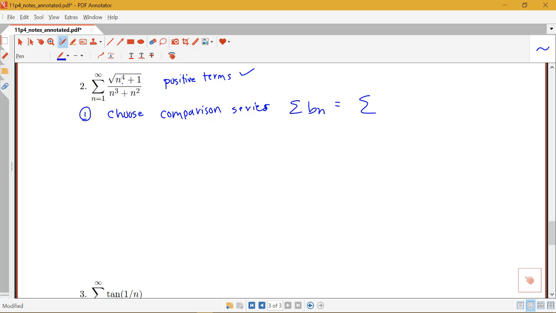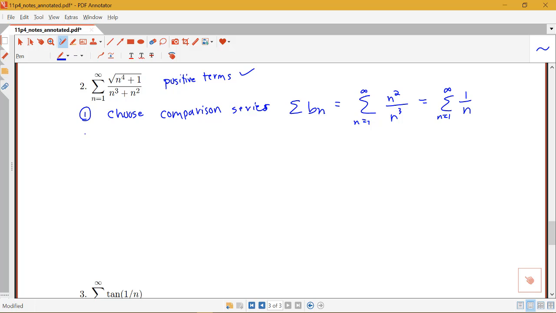Okay, we know that, of course, the square root of n to the 4th plus 1 does not equal n squared. It also doesn't equal n squared plus 1, but it would behave kind of like n squared. And for the denominator, the highest power is that n cubed. Okay, so we're going to think about doing a comparison to the sum of 1 over n.